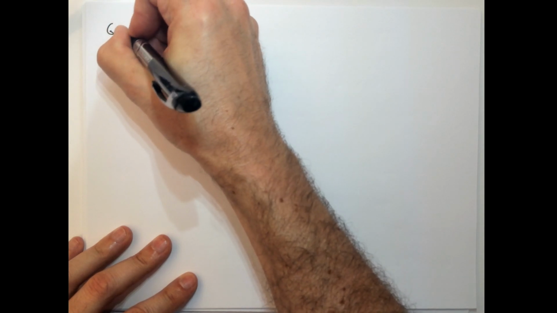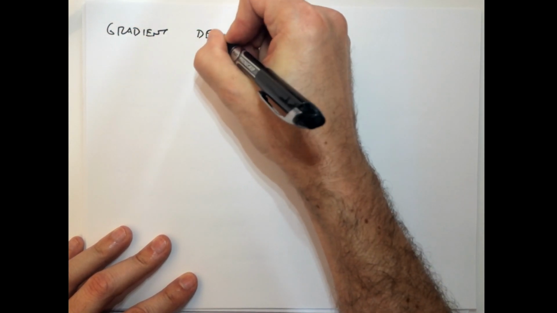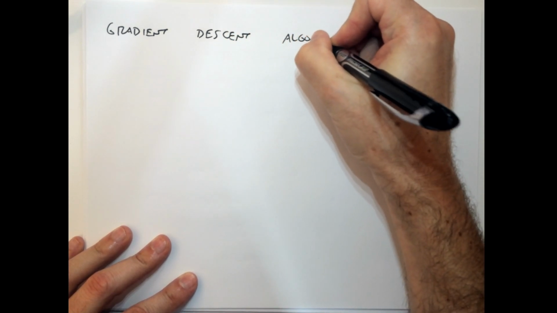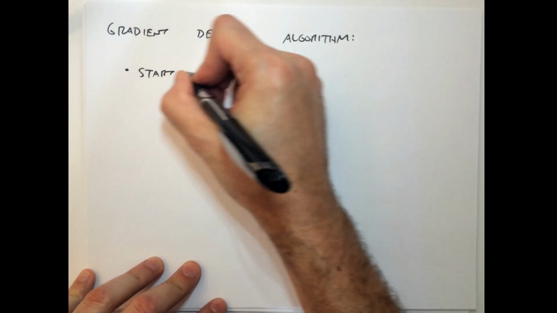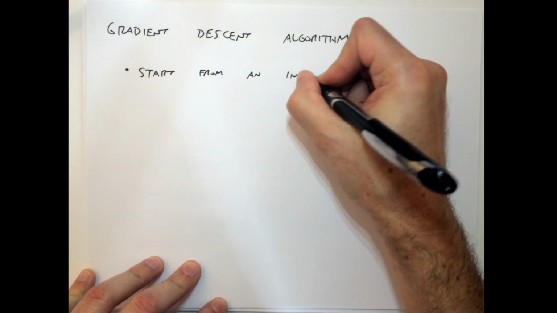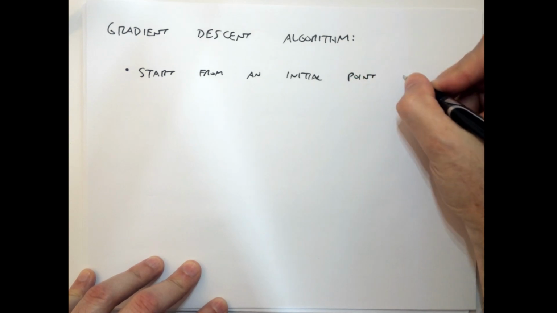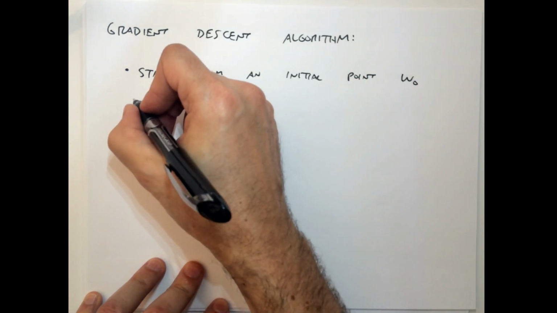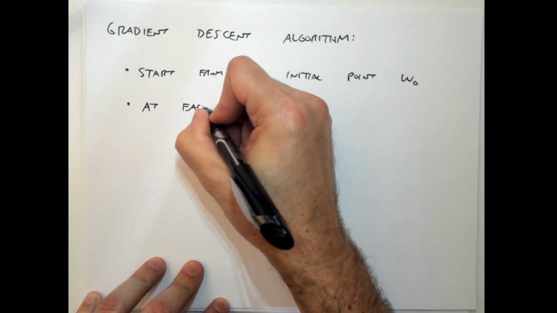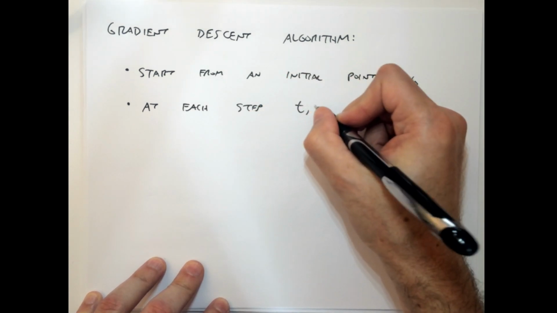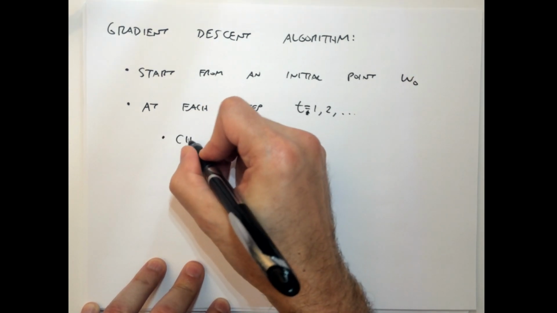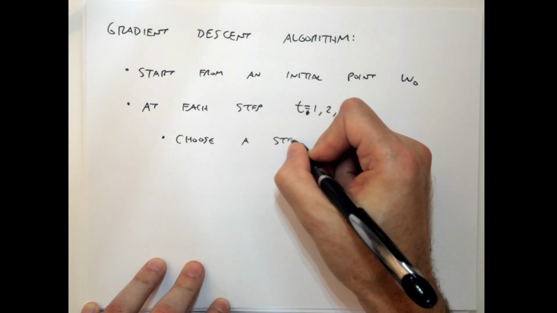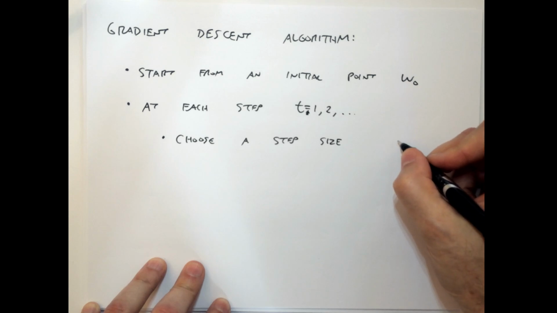Very easy to do. The gradient descent algorithm is basically the following. We start from an initial point, let's call it W0, and then at each step that we take, we choose a step size, let's call it alpha t.